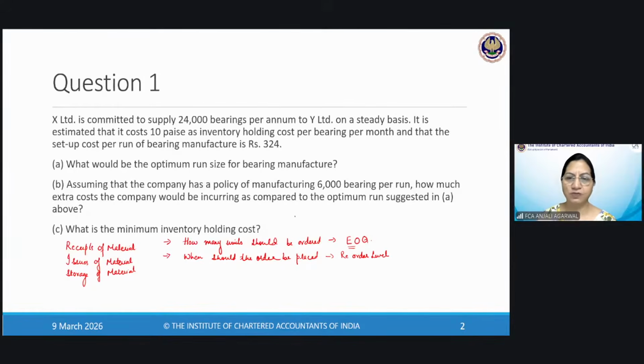So let us start first with EOQ, economic order quantity. X Limited is committed to supply 24,000 bearings per annum to Y Limited on a steady basis. It is estimated that it costs 10 paise as inventory holding cost per bearing per month, and the setup cost to run for bearing manufacture is 324.